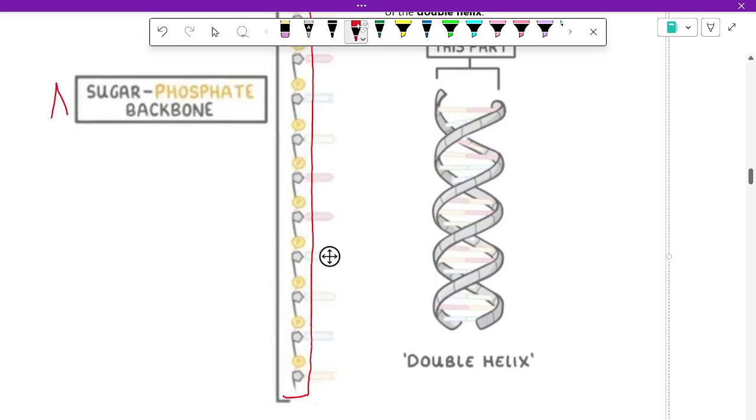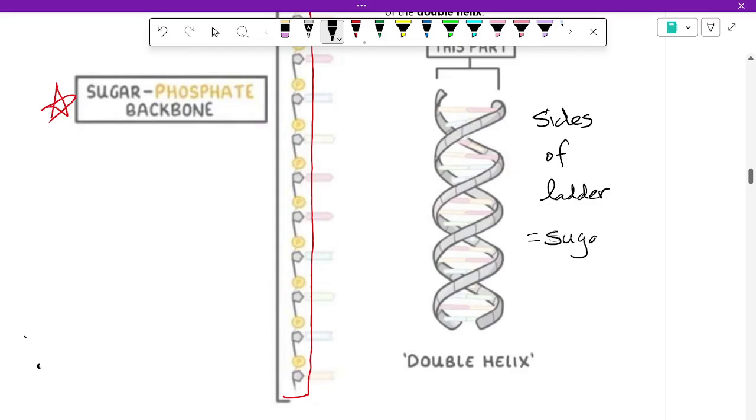Okay? So the sides of the ladder are the sugar phosphate backbone.